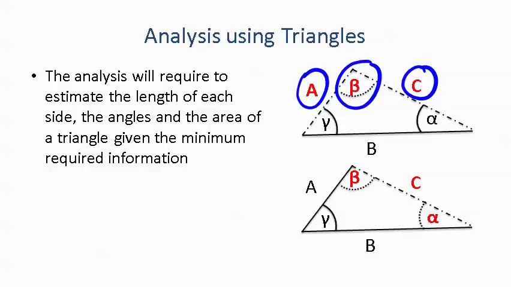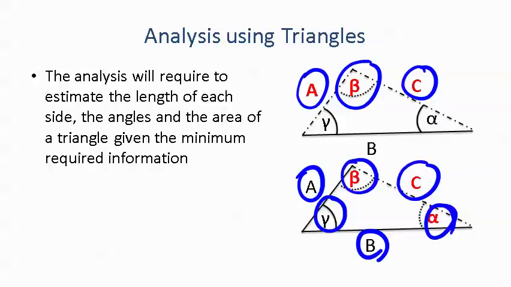In another case, what if we were given two sides, A and B, and the included angle gamma? How can we find the remaining side C, and angles alpha and beta? We will analyze both of these cases and apply the laws and rules that we already introduced.